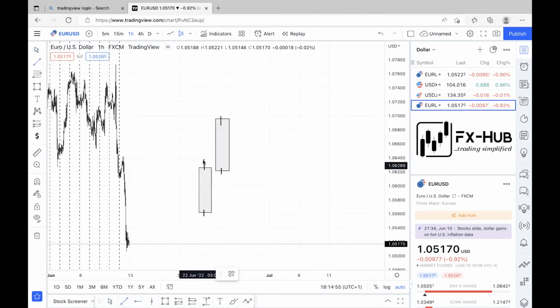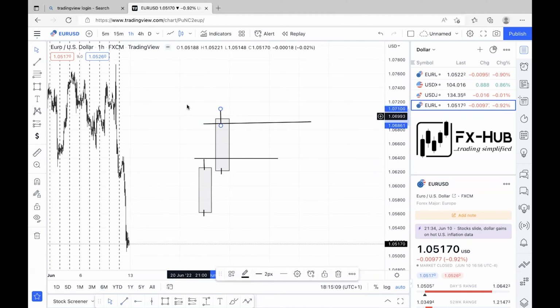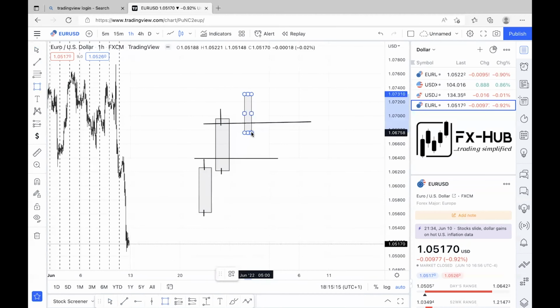You notice this visible difference, that the wicks of the candles did not meet. Just pay attention to what I'm doing. And another candle started here likewise, and another candle opened up around here.